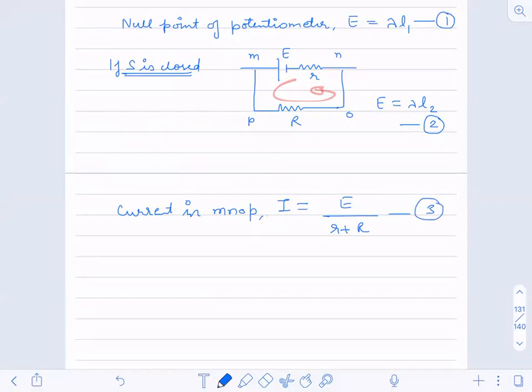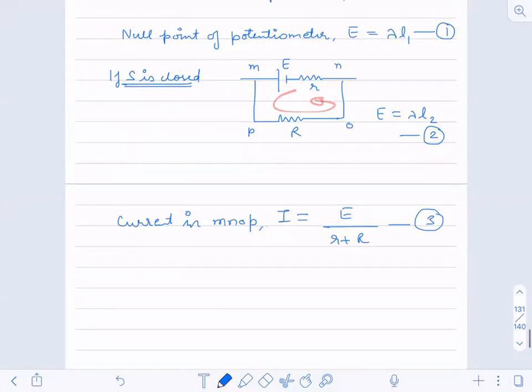I have got the value of E. Just remember, don't substitute here with this. You don't have to do that actually. What you are going to do now is equate this relation with this relation, 2 and 3. We are going to substitute the values and rearrange equation 2 and equation 3.